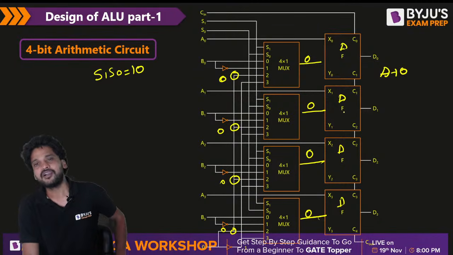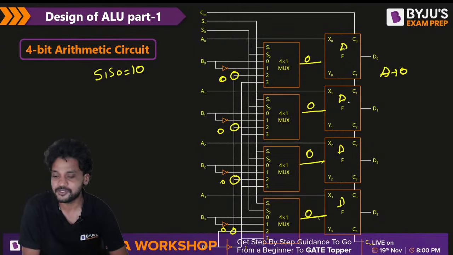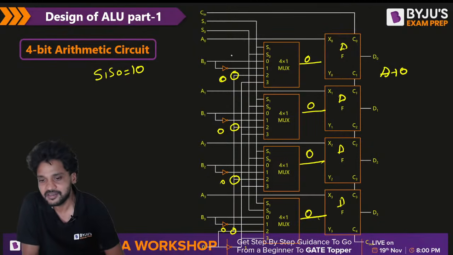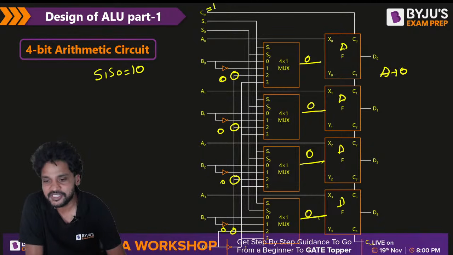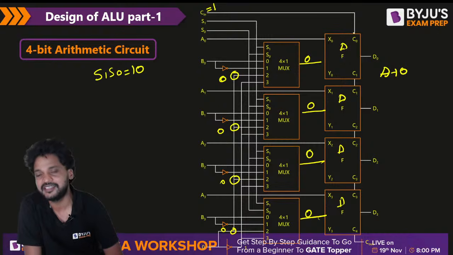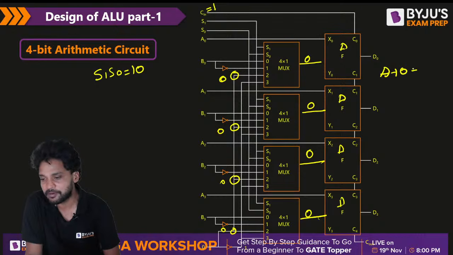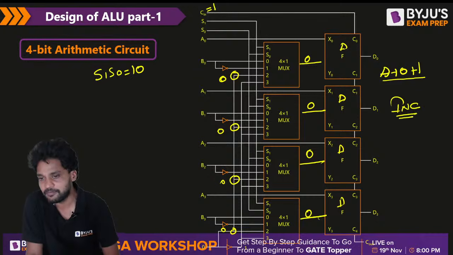A plus 0 does not alter the value of A. So in order to make it A plus 1, the C in value, which is the carry in digit connected as the third input to the full adder, must be set to 1. At that time, A plus 0 plus 1 will be performed. So here the increment operation is getting performed.